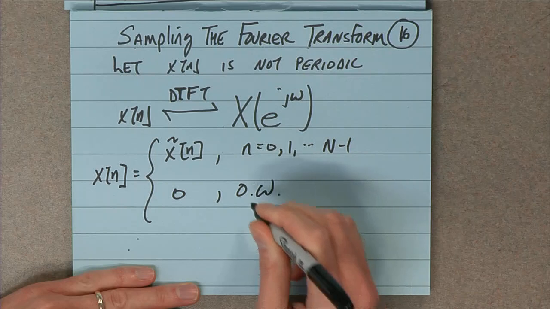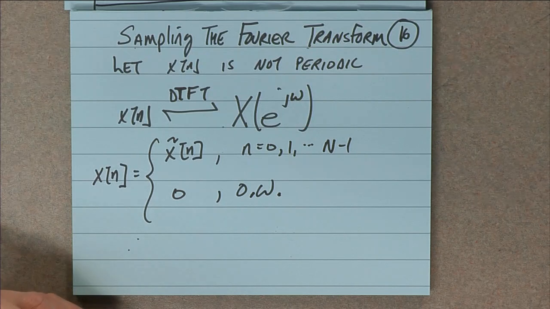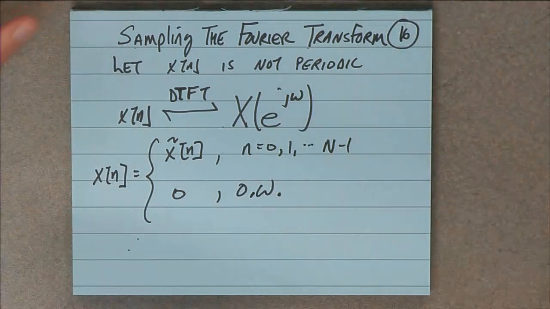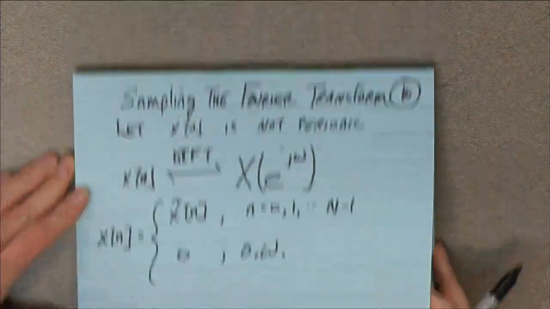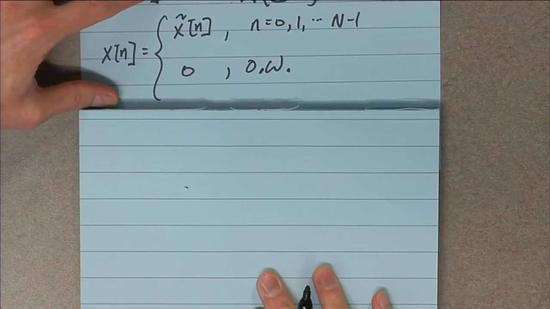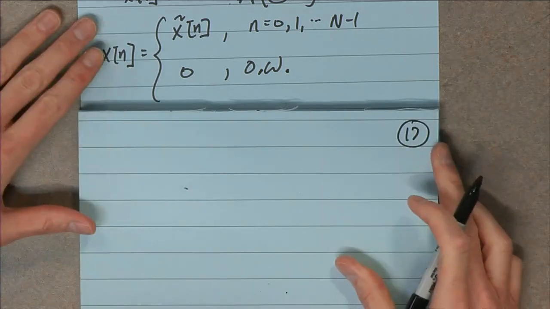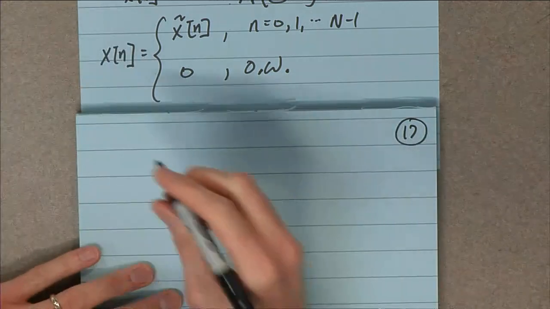Since all my machinery works on periodic sequences, I'm going to say, well, x of n is really just one period out of this periodic x tilde of n. So what we're going to do is end up trying to sample the discrete time Fourier transform of x of n.